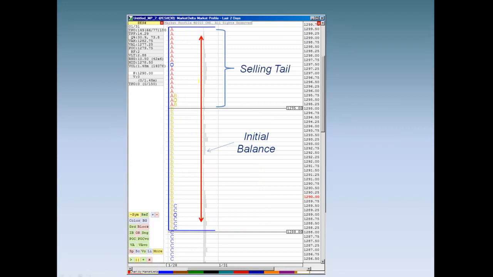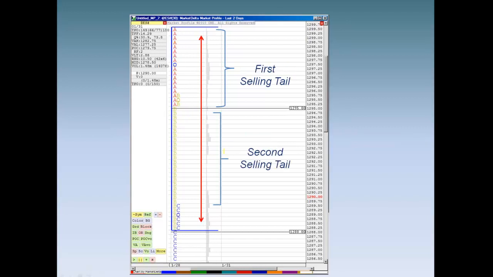All right, now take a look back again just to highlight for you the selling tail that was self-evident on this particular day. Look at how big of a tail it was. The entire initial balance actually formed a very long tail. It wasn't only the top portion, but we also had a second selling tail in period B. So we had an early selling tail in period A, followed by a second selling tail.